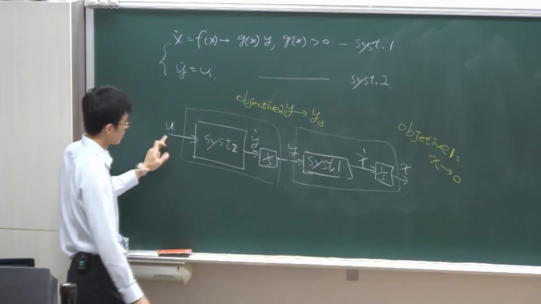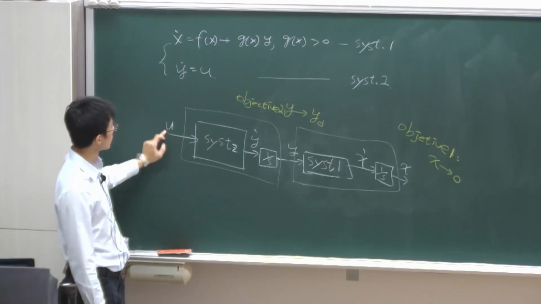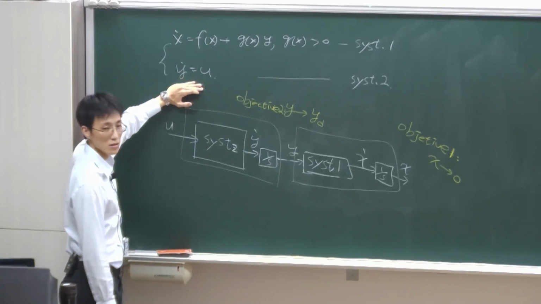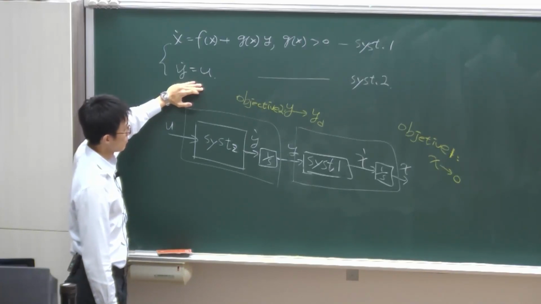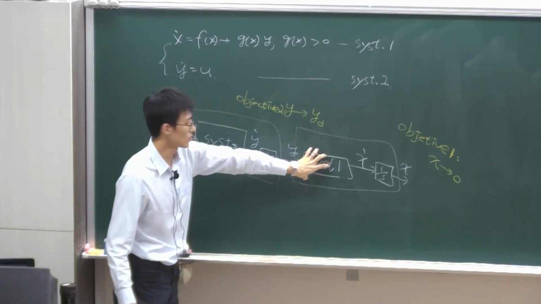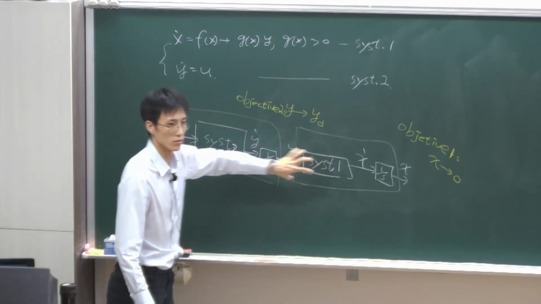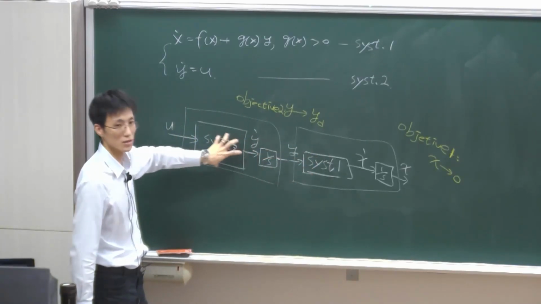And y is controlled by this control input U based on this dynamics. So that means you have two systems, two controllers to be designed for two different systems.